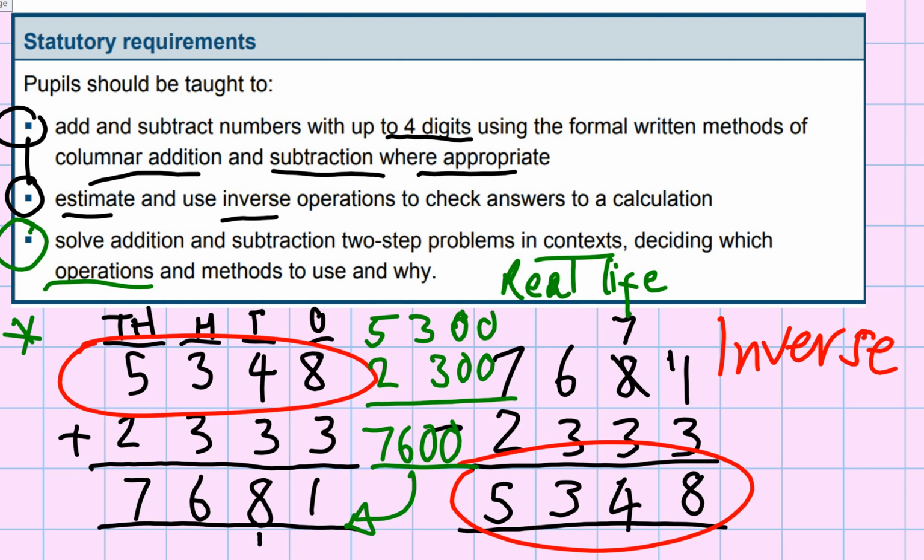So in order to do this, children need to have a really good understanding of the base 10 and place value. They need to be able to round numbers appropriately, estimate as well, and also understand the vocabulary that is involved in problems such as this.